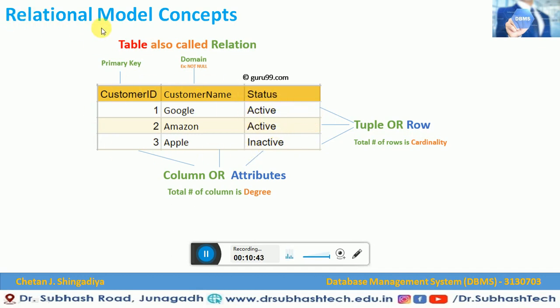So friends, this is the relational model concept example, where we defined cardinality as the total number of rows, degree as the total number of columns, the domain, and the primary key, and we know a table is also known as a relation. Now if I would like to explain domain more, for example, here you can see that customer name is a character type of variable.